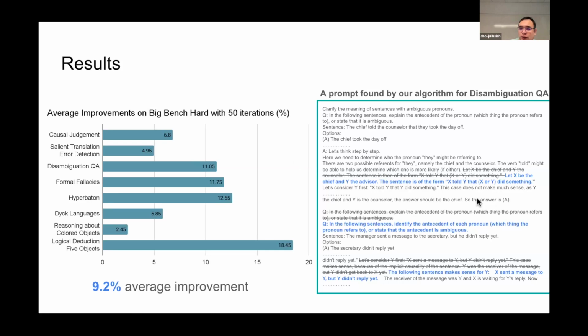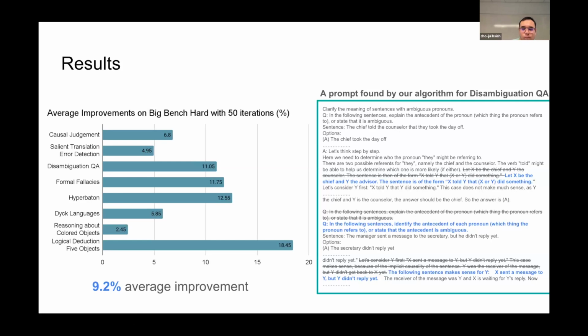And if you look at what the automatic prompt engineering algorithm does, it's just rewriting some parts of the prompt, and it doesn't really change the meaning. But even those smaller changes can improve the performance by a lot. You can imagine if you're a human, you don't really know how to rewrite it, because they're just sentences that have the same meaning.